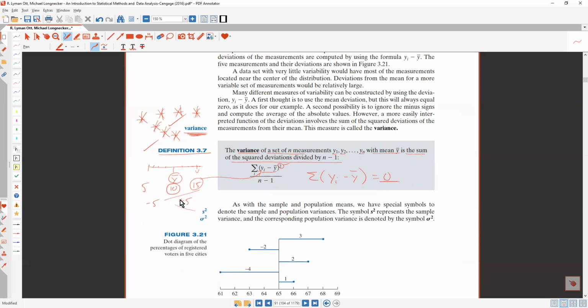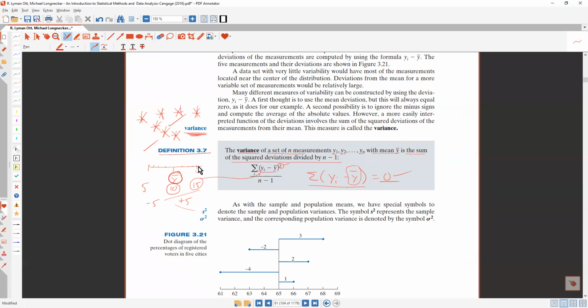Now, in this case, I only took 2 deviations to demonstrate this principle. But I can tell you that if you take the sum of deviations from a data set away from the mean like this, if you take that total sum, you will always get 0. Now, why will you always get 0? You'll always get 0 because that's exactly how the mean is defined, as the balance point.